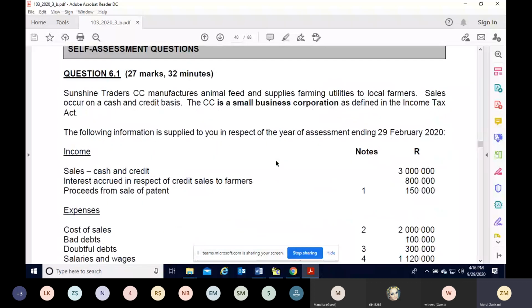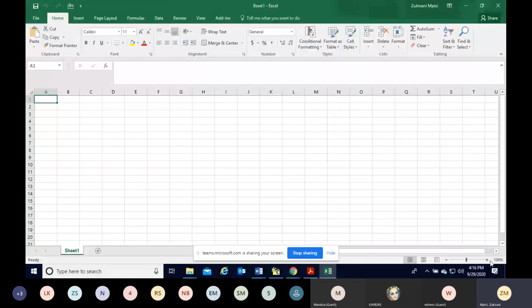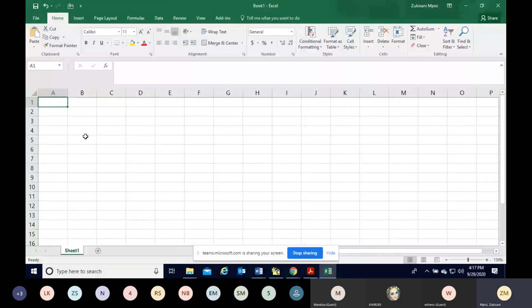Question 6.1 up until the last question, which I think is 6.4. We are going to, of course, learn all these principles that are covered in terms of your theory and the reasoning thereof. So let us see question 6.1. So I'm quickly going to open this. So here we have question 6.1.